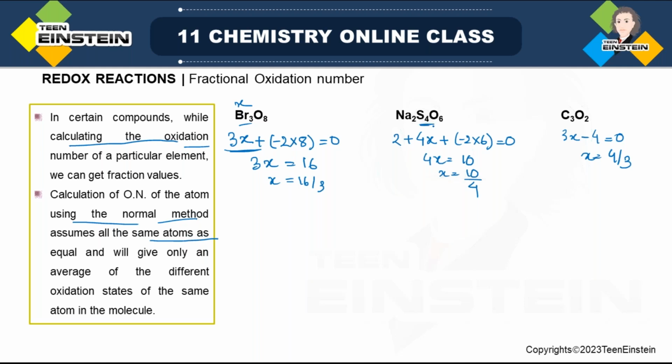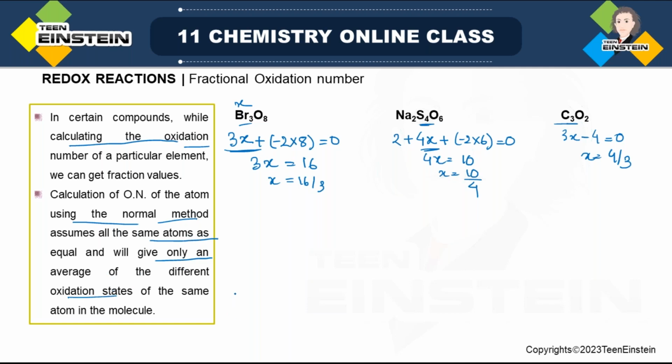Similarly, here you have considered all the sulfur the same, that is why you have written 4x. Here you are considering all the carbon the same and you have written 3x. But if you actually consider the structure, it may not be so. Calculation of oxidation number of an atom using the normal method assumes all the atoms are the same, as if they are in the same environment, and will give only an average of the different oxidation states.